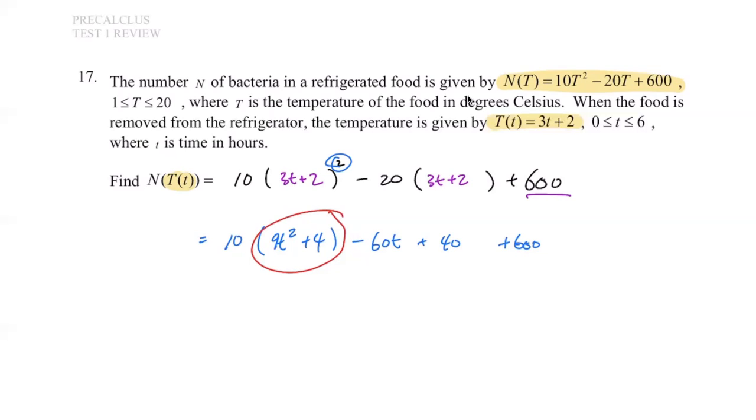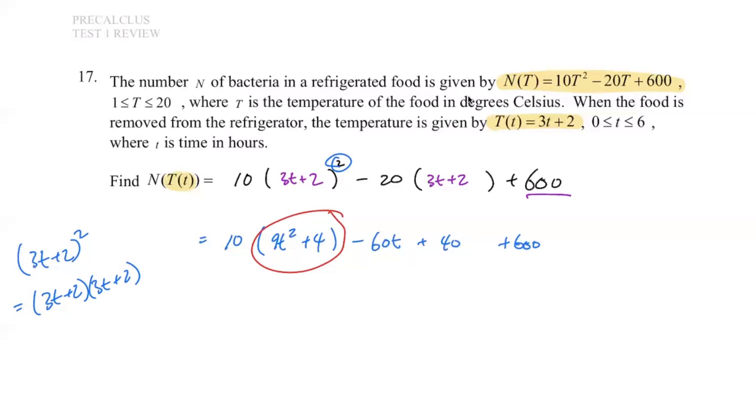Well, that's exactly what's going to happen. 3t plus 2 squared is the same thing as 3t plus 2 times 3t plus 2. So a lot of people are not able to see that when you square parentheses, you literally multiply that parentheses by itself. Therefore, we would have to use FOIL to make sure that it will work.